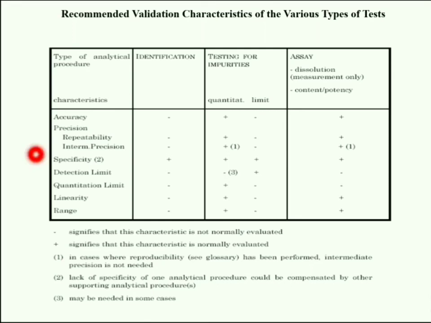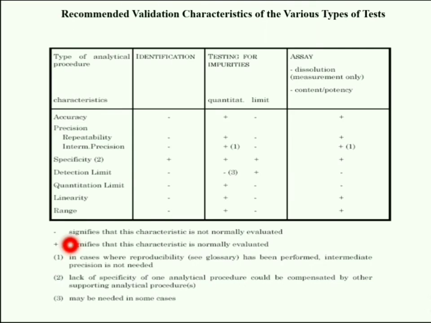The following table denotes recommended validation characteristics of the various types of tests under analytical method validation. These include accuracy, precision, specificity, detection limit, quantitation limit, linearity, and range.